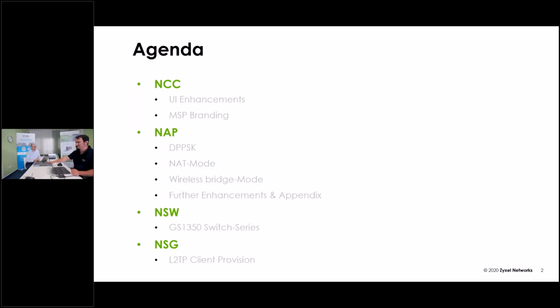We have one demo for decorative reasons over here, as well as on that banner down there. And we will talk about some of the core features, but not go too deeply into them. And on the NSG, we're going to take a look at the new feature, L2TP client provision.